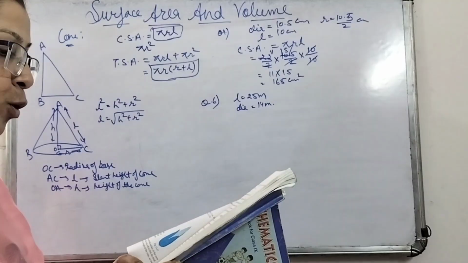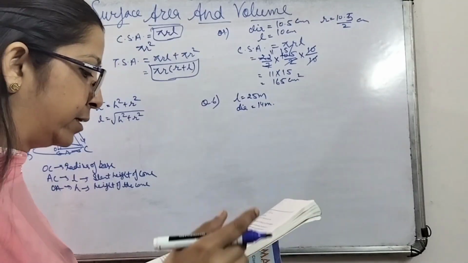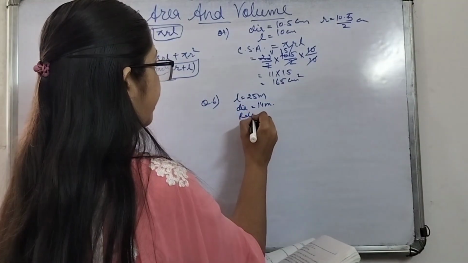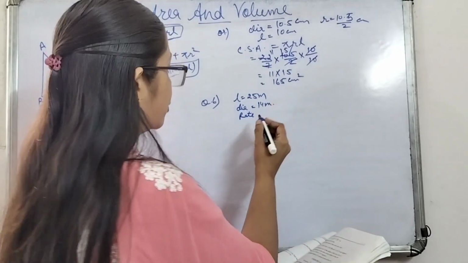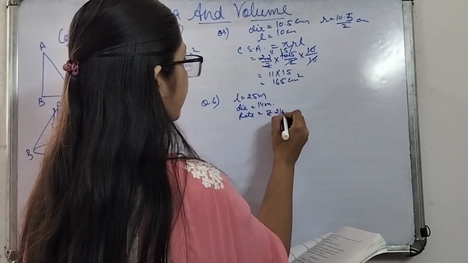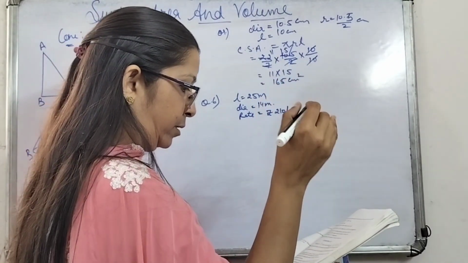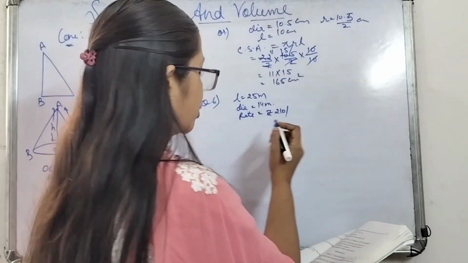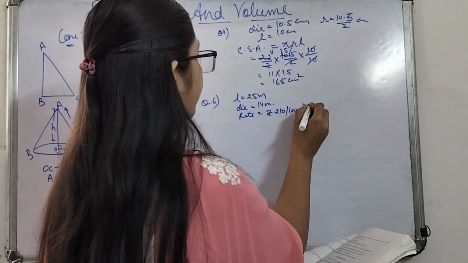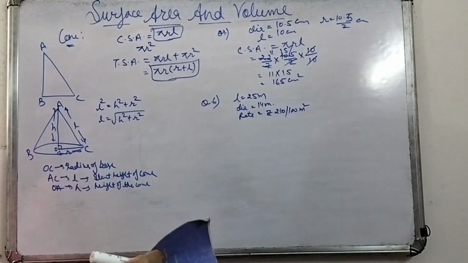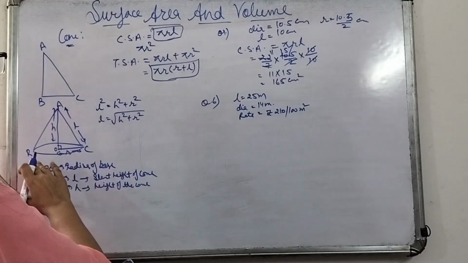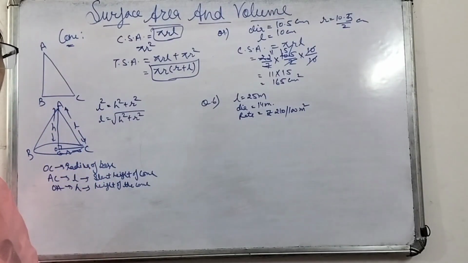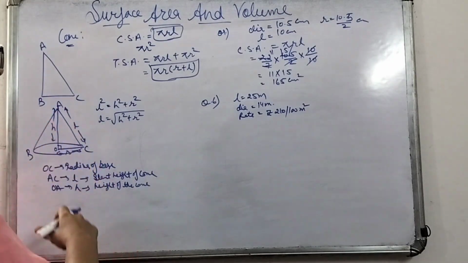Find the cost of whitewashing its curved surface at the rate of rupees 210 per 100 meter square. This is the rate at which we have to get the curved surface area whitewashed. Obviously, the bottommost base is not going to be whitewashed. Curved surface area will be whitewashed.